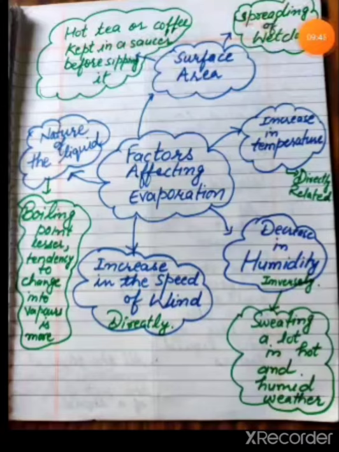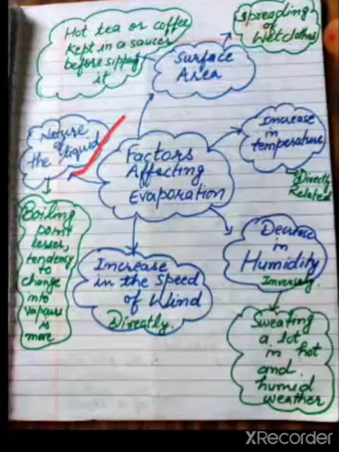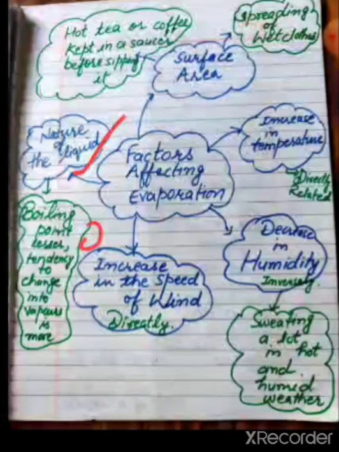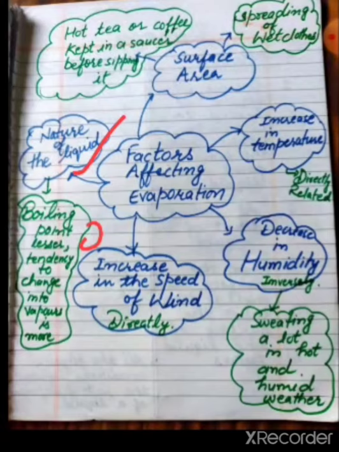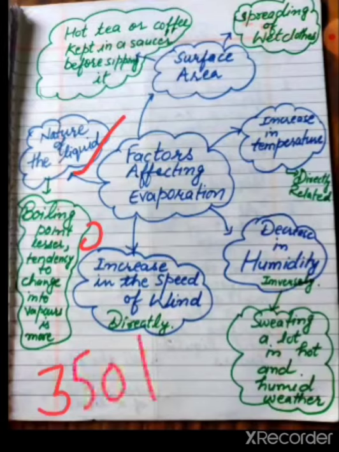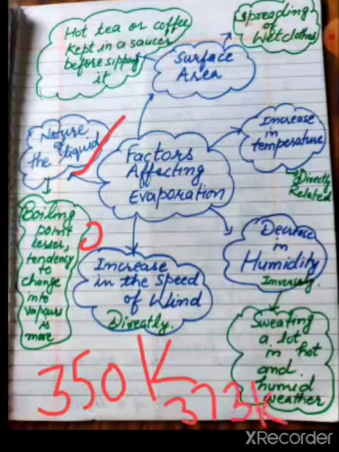Now the last factor is nature of the liquid. Boiling point is related with the rate of evaporation. Alcohol evaporates at a faster rate than water. In fact, the boiling point of alcohol, that is 350 Kelvin, is less than that of water, that is 373 Kelvin.